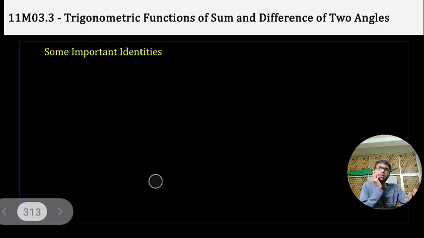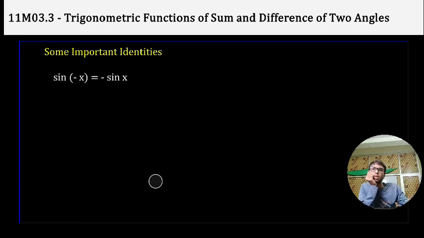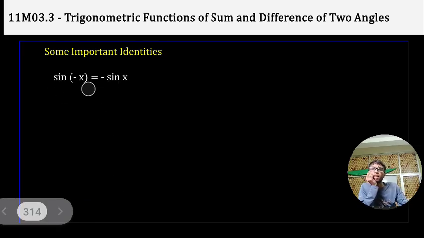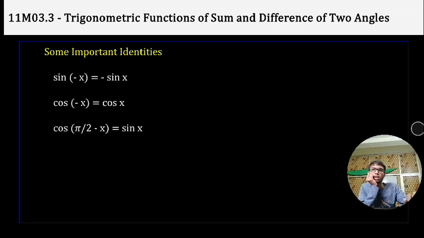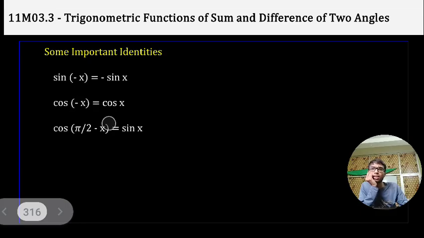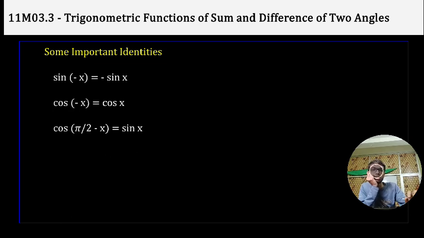Some important identities. Sine will not change its sign, but cos will change its sign. Here you can see it is at a straight angle, but when it comes to a perpendicular, then sine will stay as it is. But when the other function comes, the sign will change itself.